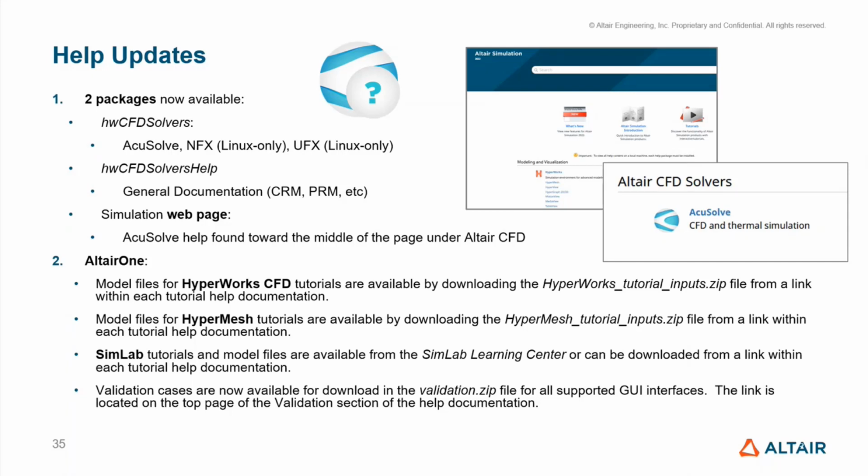Both packages are available for download from Altair One, and the Help installation now has its own Start menu icon after you install it. And when you click that, it takes you to the top level Altair simulation webpage.